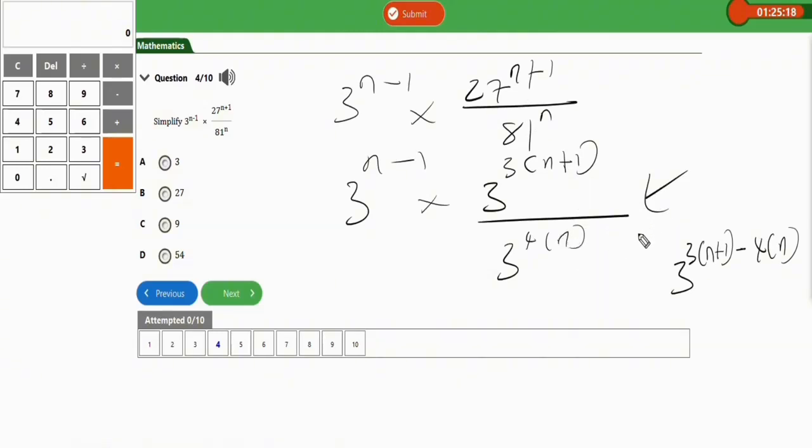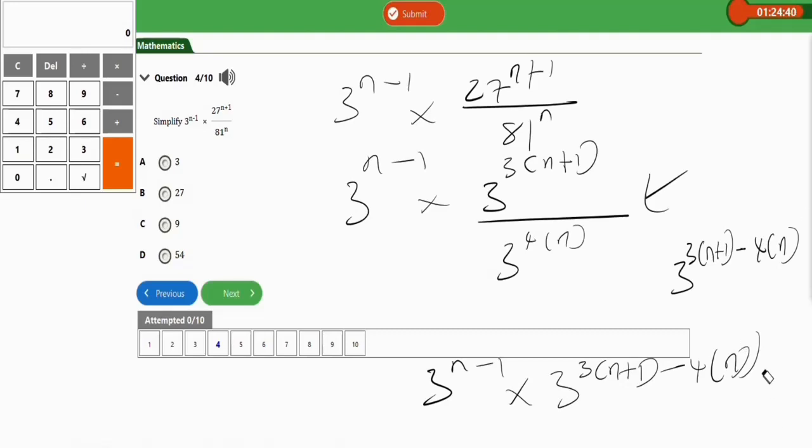Remember, this is the same thing as 3 to the power n minus 1, times, sorry, we are dealing with multiplication. So we now have 3 to the power of n minus 1 times 3 to the power 3 in bracket n plus 1 minus 4 in bracket n.